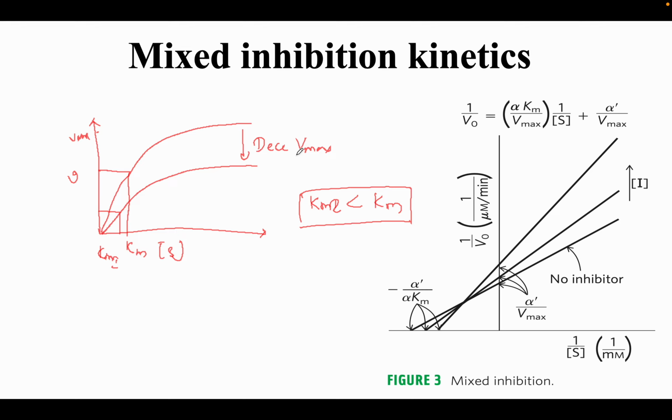And how will the linear plot look? This is the increasing concentration of inhibitor.